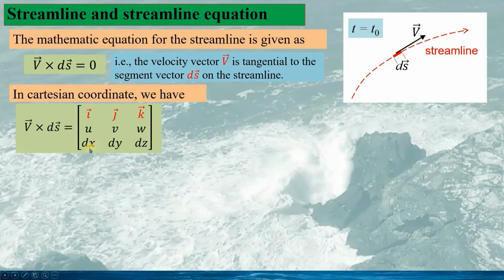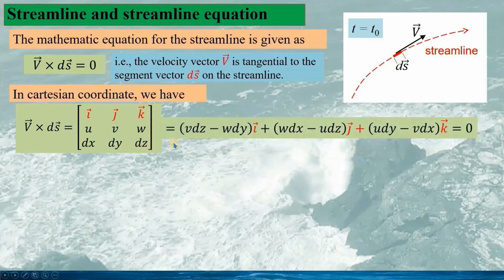And we have also the increment of the segment along x-axis, dx, dy along y-axis, and dz along z-axis. In details, the determinant would be calculated as this.